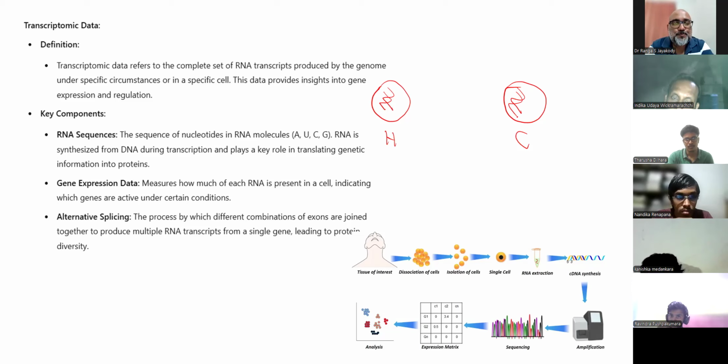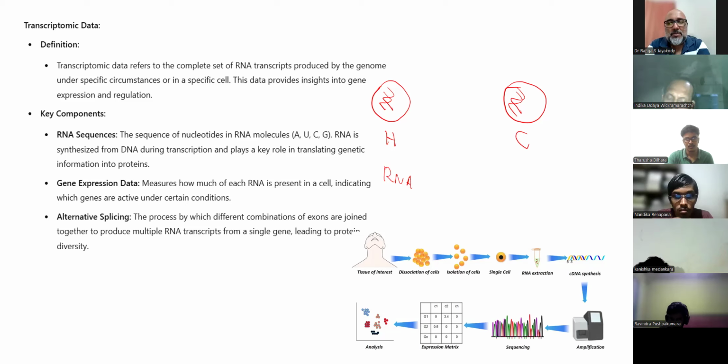Now scientists isolate RNA molecules here in the healthy cells, isolate all the RNA molecules here, different types of signals. That means different messengers.